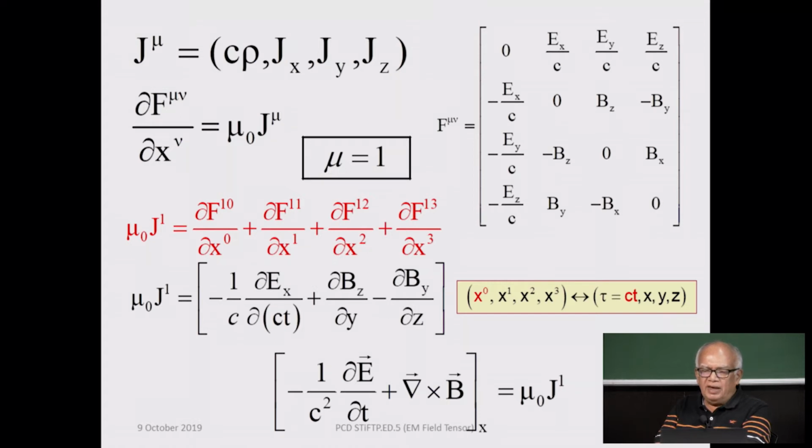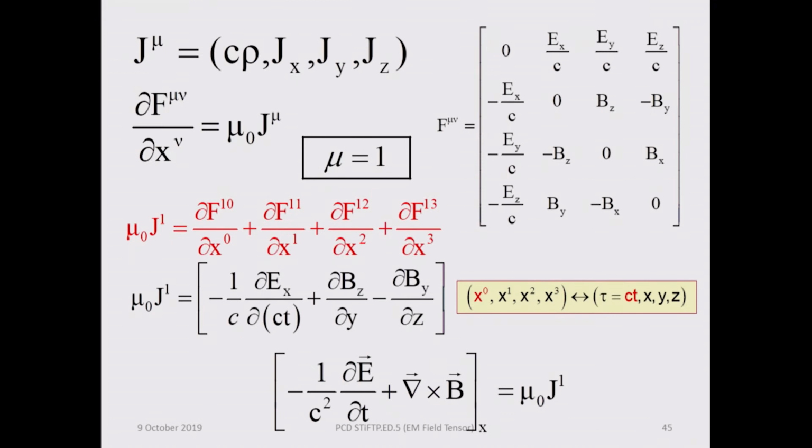So, you get the x component of the difference of these 2 vectors to be equal to mu 0 J 1. And you can see that this is nothing but the x component of the Faraday Lenz law, right. You get the x component of the Faraday Lenz law from this. This is for mu equal to 1. What about mu equal to 2?